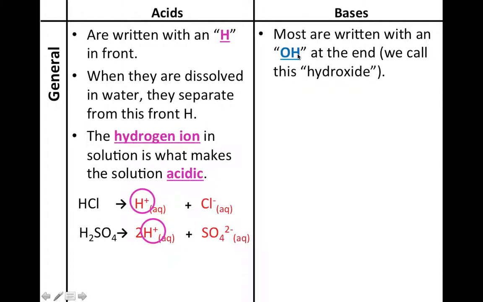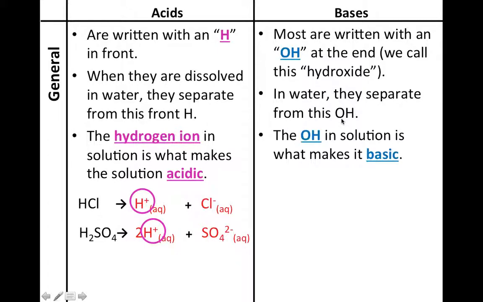Now most bases, when they are written, have a hydroxide ion at the end. In water, if bases come in contact with water, they separate and form hydroxides. So the hydroxide is what causes the solution to be basic.